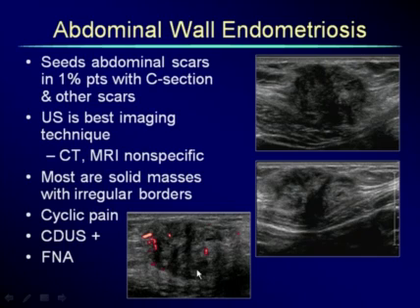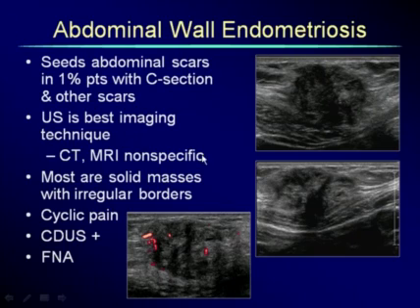Maybe this needs biopsies, etc. You should know that endometriosis seeds abdominal scars in about 1% of patients with C-section scars and other scars in the abdomen, even in the track of a laparoscope that goes through the umbilicus. It can track into that area of scarring.